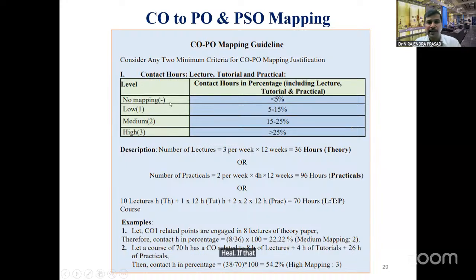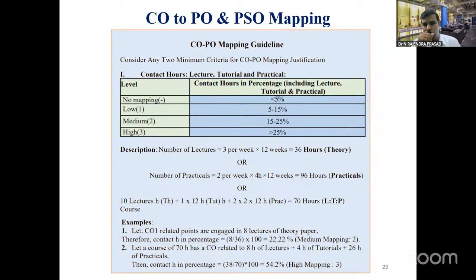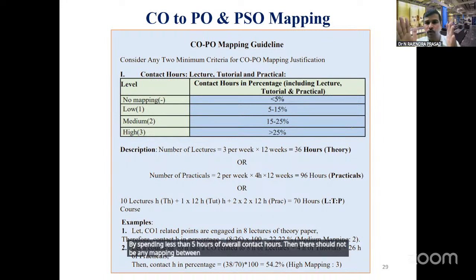If that percentage becomes less than 5, no mapping, where we have to put a dash. Sometimes we may put 0, no mapping, 0 mapping level. So if the content related to a particular CO is delivered by spending less than 5 percent of overall contact hours, then there should not be any mapping between CO and PO.